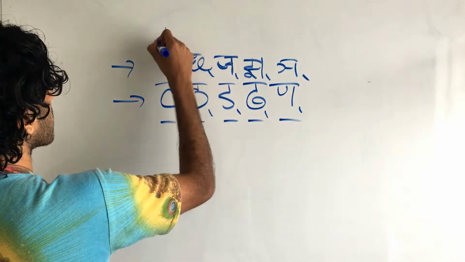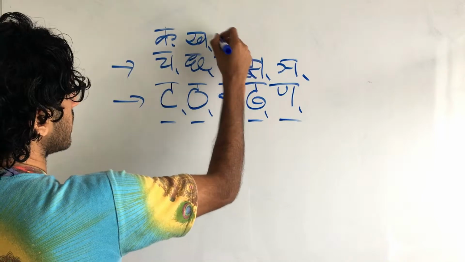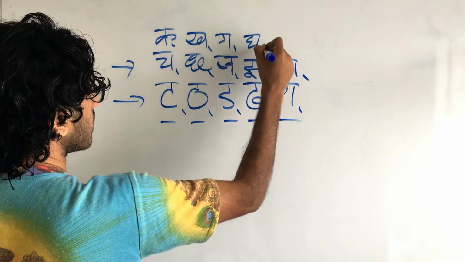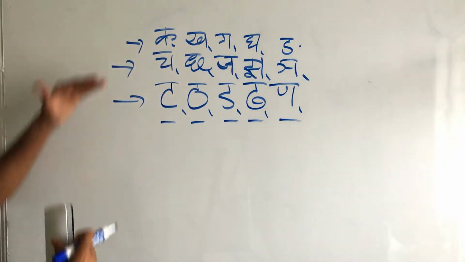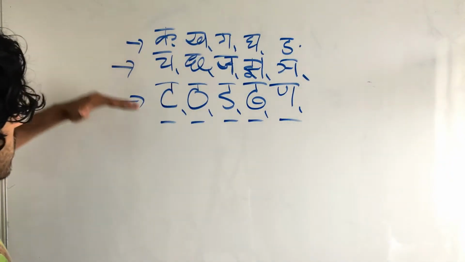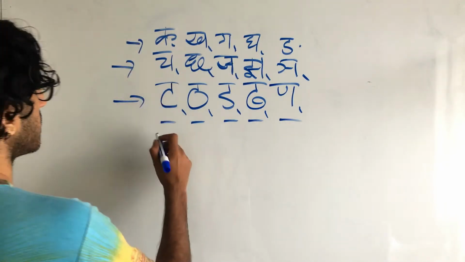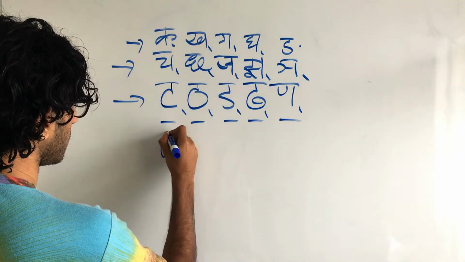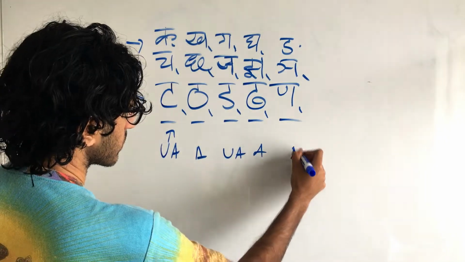And we had ka, kha, ga, gha, and nga. The gutturals, the palatals, the cerebrals. And once again, remember, these are unaspirated, aspirated, unaspirated, aspirated, nasal.